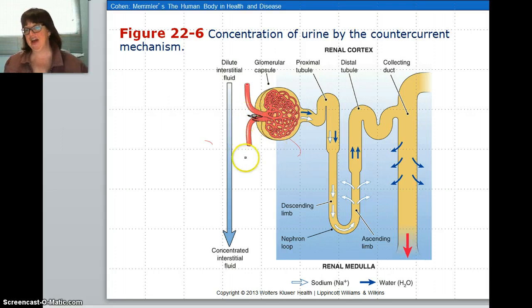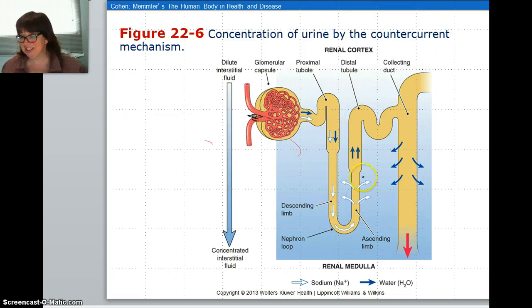It is next to the afferent artery, so if there is low blood pressure, that means there's low blood volume. What it will do is it results in renin being produced. Renin will then go to the posterior pituitary, sending off aldosterone, and aldosterone will affect the leakiness of the tube, of the loop of Henle.